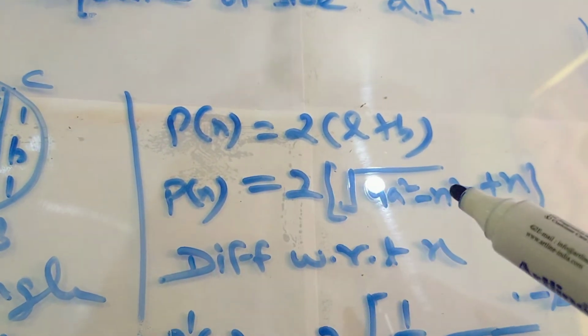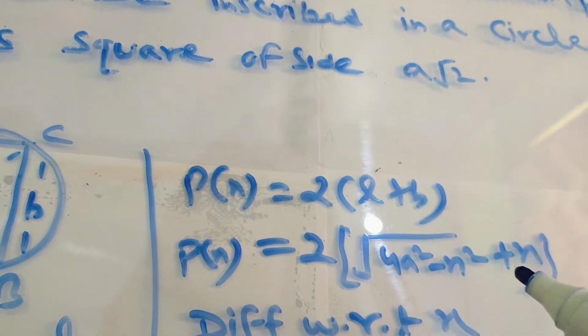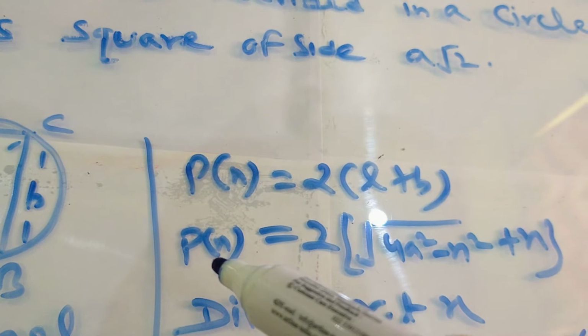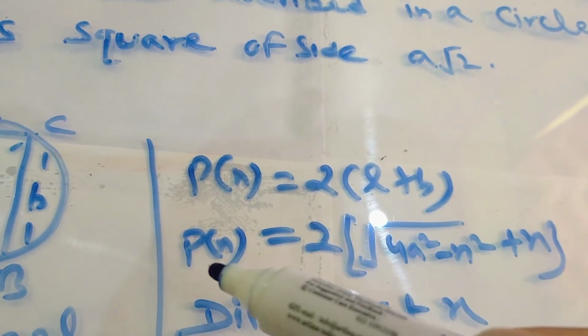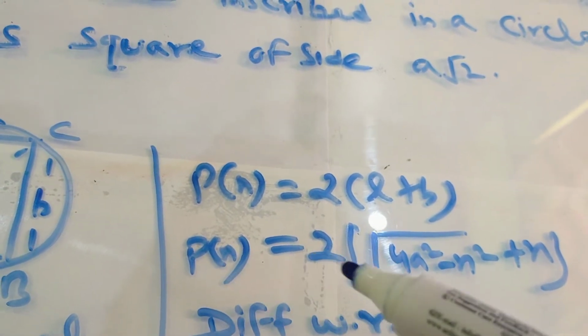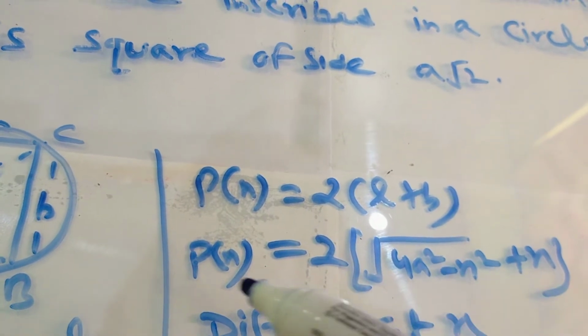The first step is to make a function, and we have made a function here, a function in terms of one variable, which we want to maximize. Here we want to maximize this perimeter function.